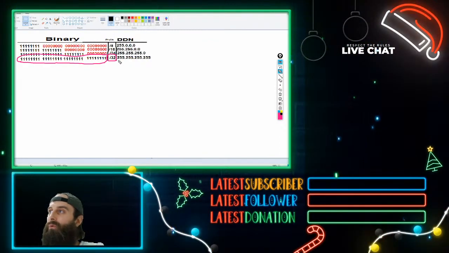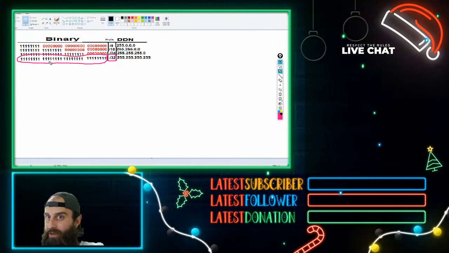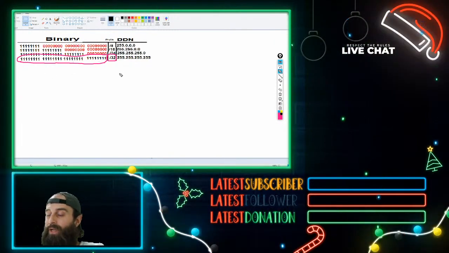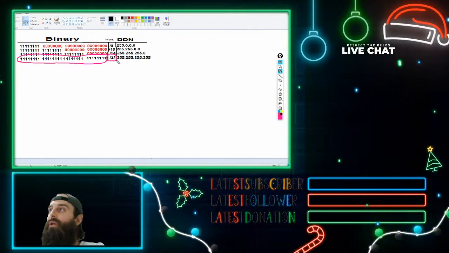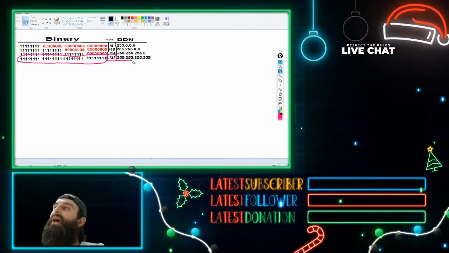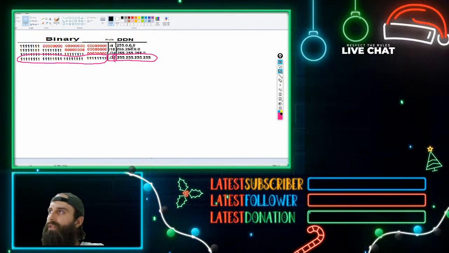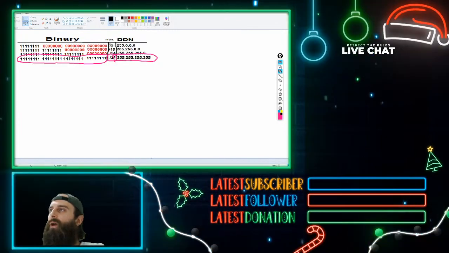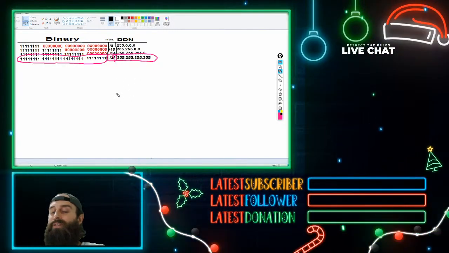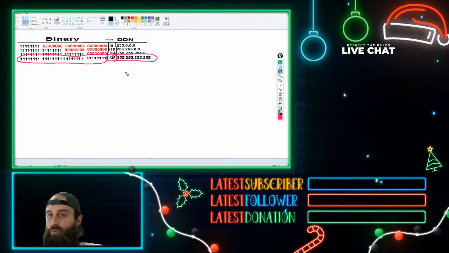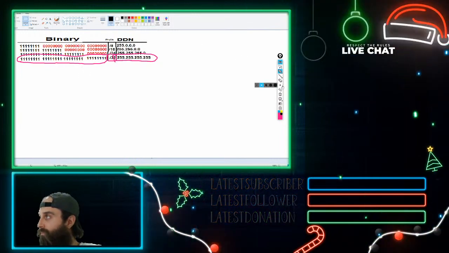So 8 binary ones plus 8 binary ones plus 8 binary ones plus 8 binary ones, you'll come up with 255.255.255.255. And that's how we get the dotted decimal notation of 255.255.255.255. The prefix subnet mask notation would be 32. Okay, this is where we're starting.